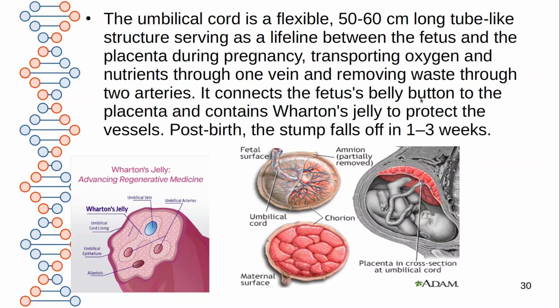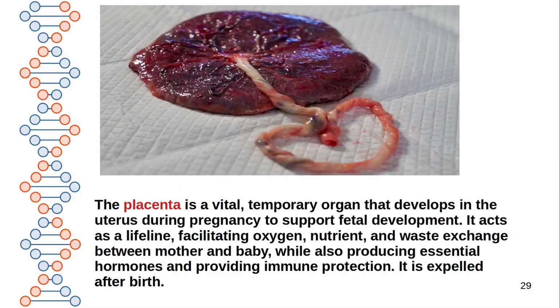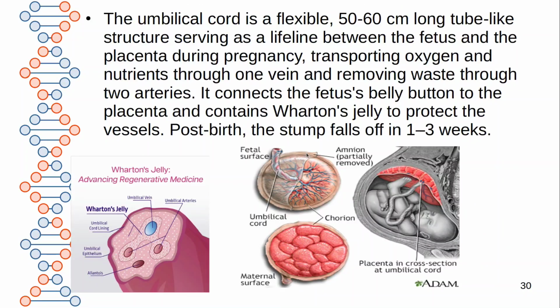It connects the fetus's belly button to the placenta and contains Wharton's jelly. If you observe the umbilical cord in this picture, you can see the white jelly-like substance which surrounds the vein and arteries. That is Wharton's jelly, formed around the two umbilical arteries and vein to protect them.